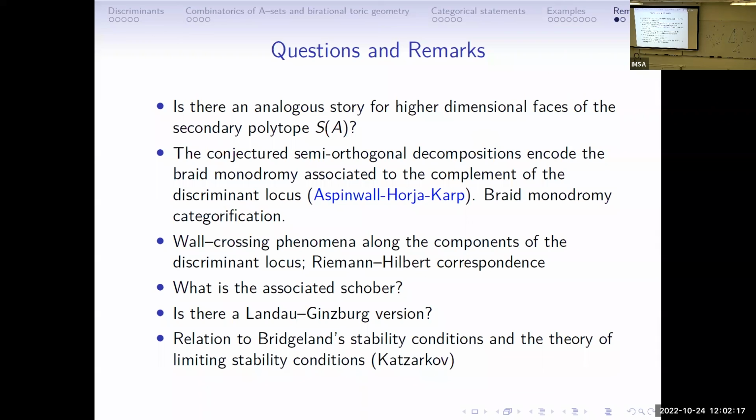So what happens is that when you approach one of these discriminant loci, from the point of view of the stability conditions, what you're doing is really defining a limiting stability condition.